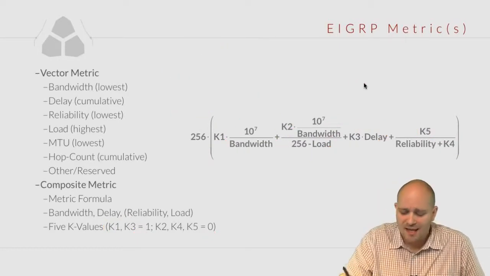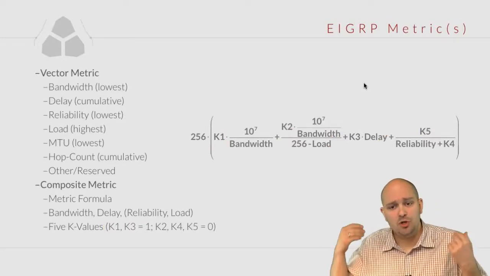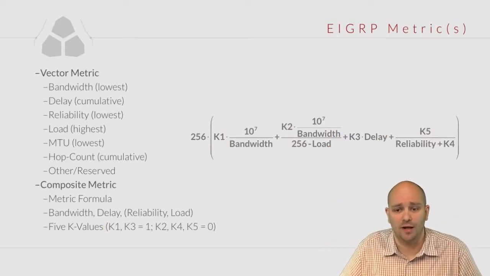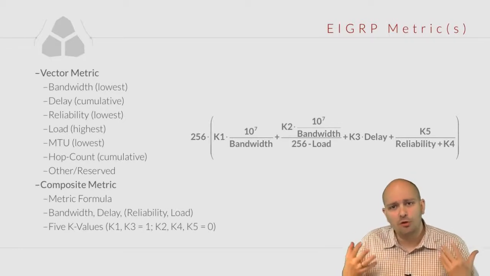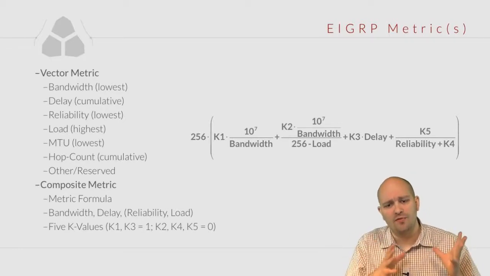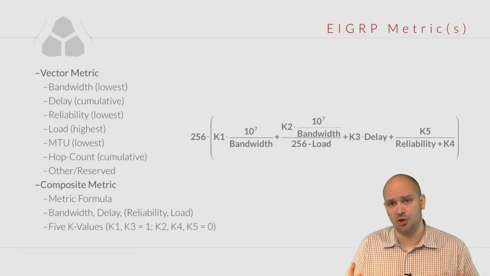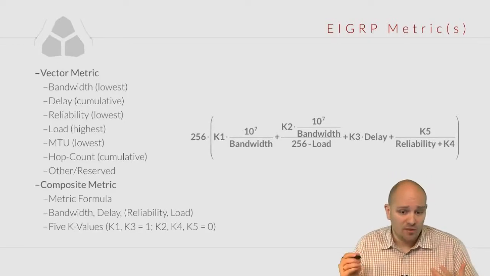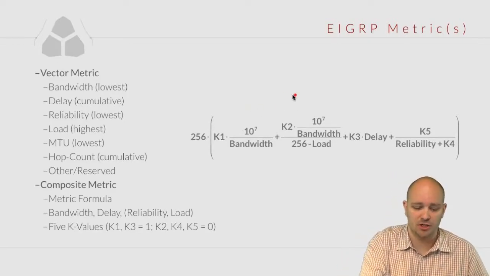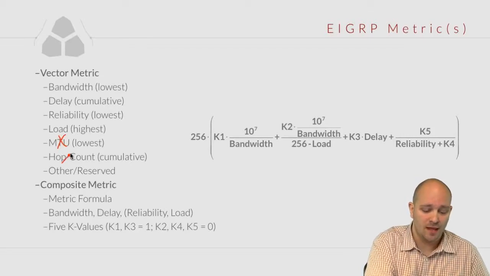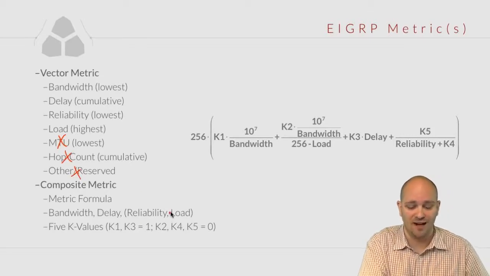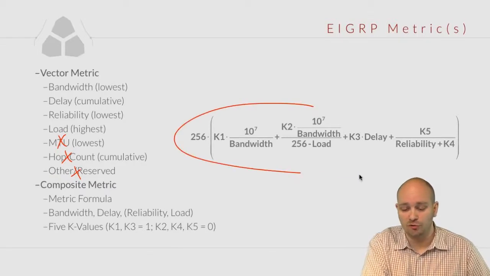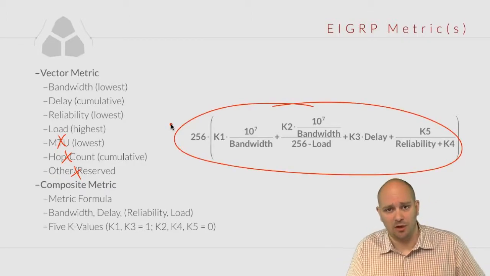Now, no one really expects you to know this formula, to know how to calculate the metrics manually, but it's a good thing to understand how this process actually works internally in IOS. One thing that I would like you to pay very close attention to here is that MTU, hop count, and other reserved values by default do not figure in this metric formula.